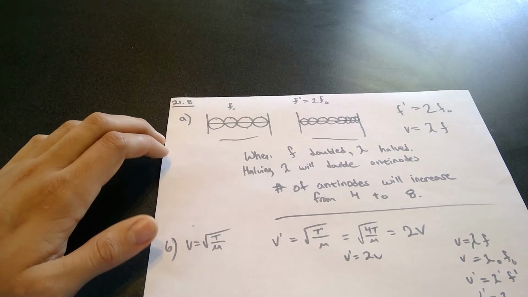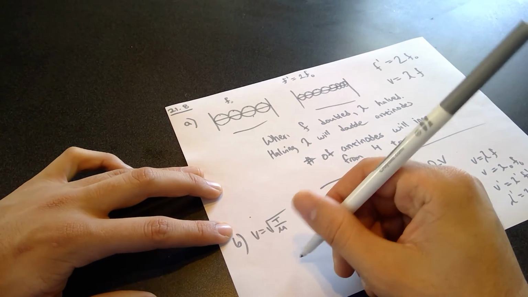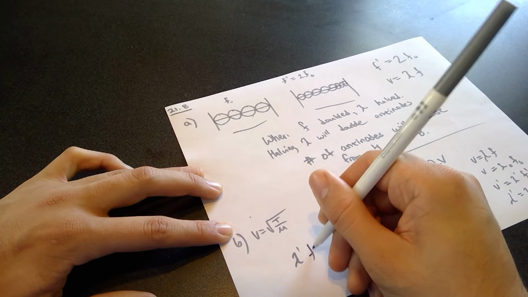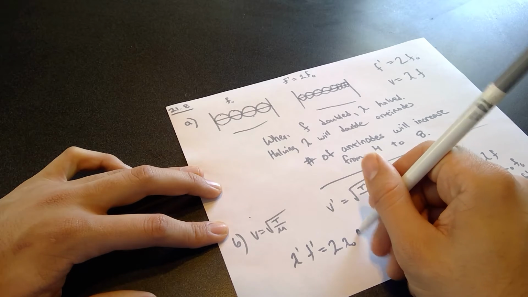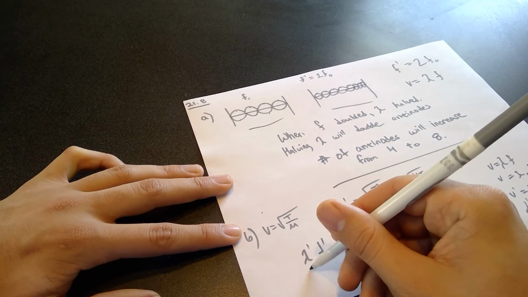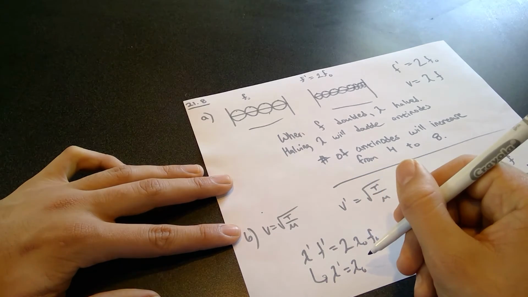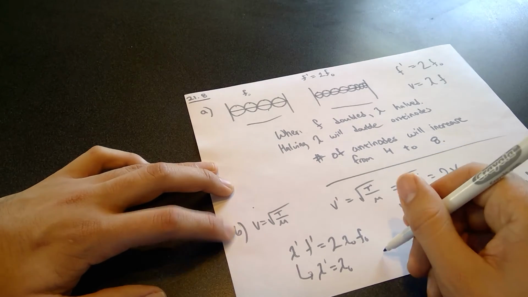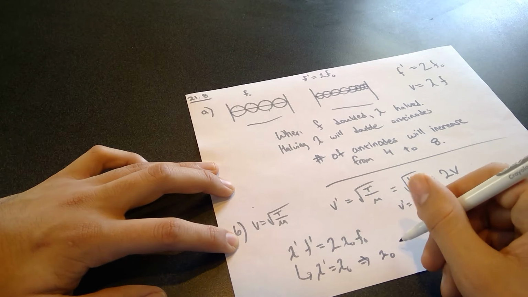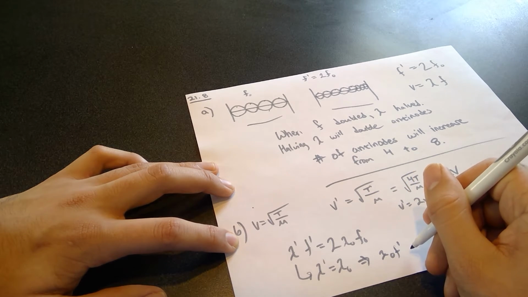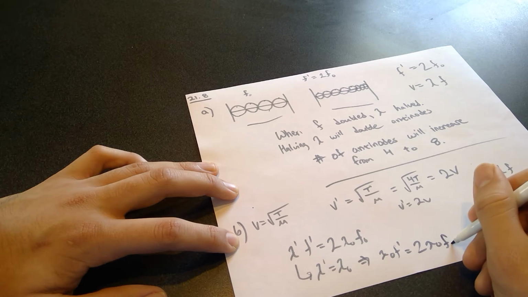So now we're just going to plug and chug. We have lambda 1 times f1 is equal to 2 times lambda 0 times f0. And since we said earlier that lambda 1 is equal to lambda sub 0, we have lambda sub 0 times f1 is equal to 2 lambda sub 0 times f0.